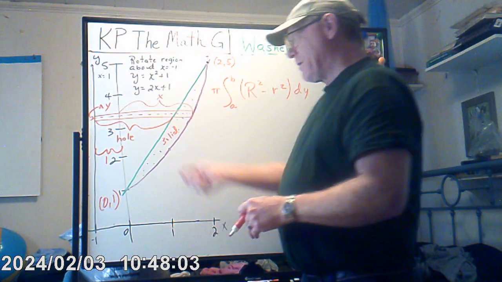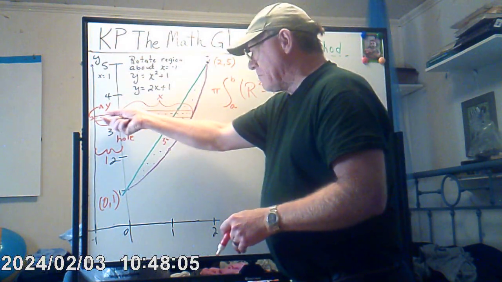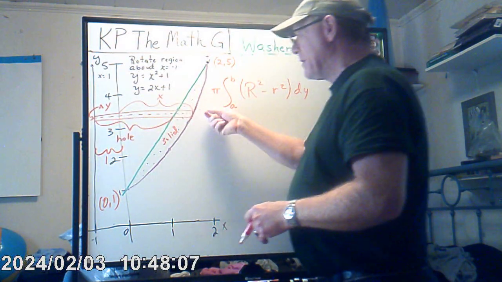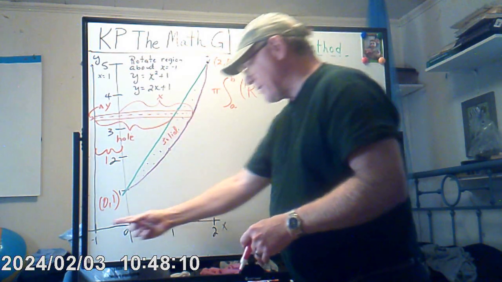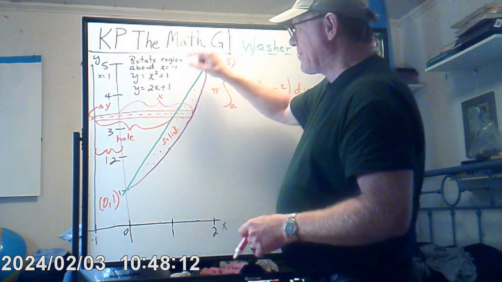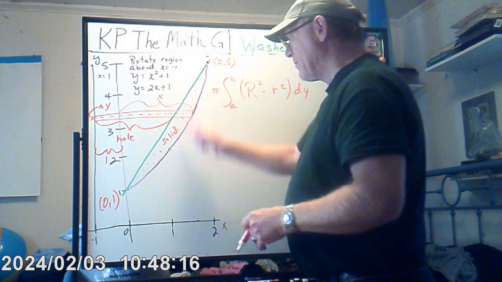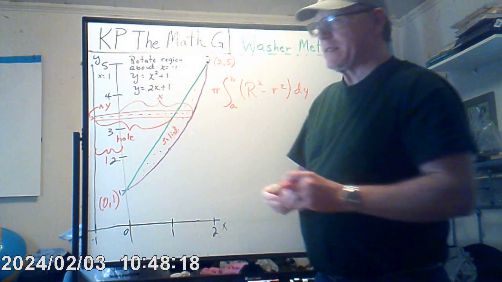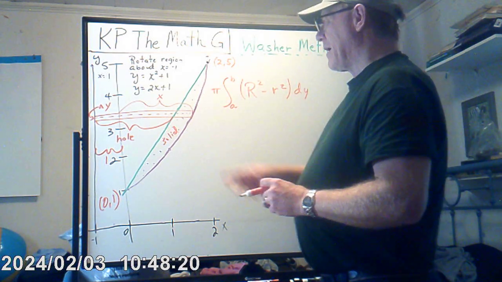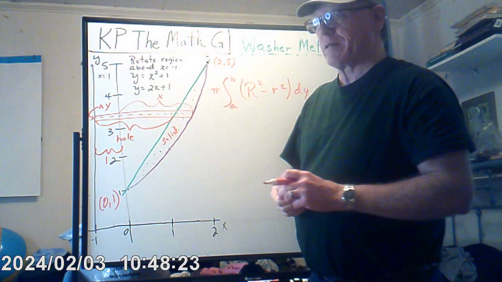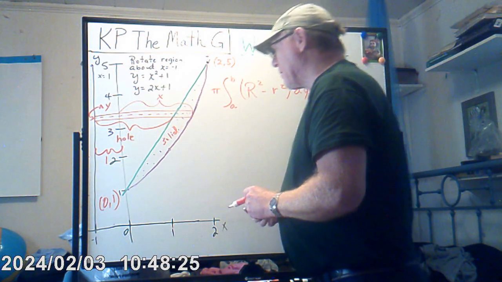So when you have your isointerval running parallel to the x-axis, you have to solve for x. If your isointerval is running parallel to the y-axis, then you got to solve for y. Okay, so this is what we're going to do.